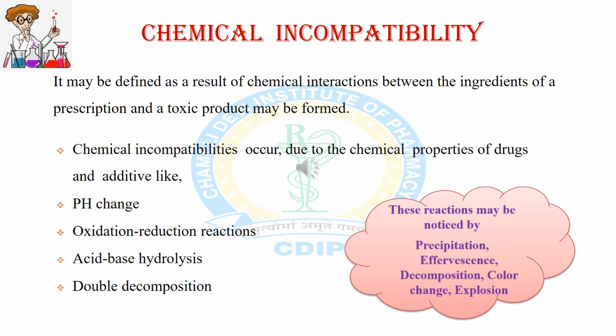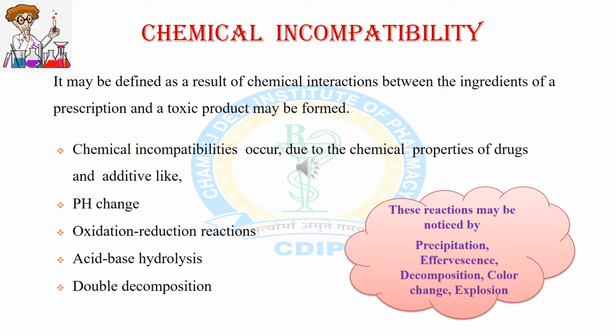While dispensing such a preparation, precautions should be taken either to prevent the formation of the harmful product or to correct it, and the prescriber must be informed in this regard. Chemical incompatibilities occur due to chemical properties of drug and additive, like pH change, oxidation reduction reactions, acid base reactions, hydrolysis and double decomposition, or by explosion.